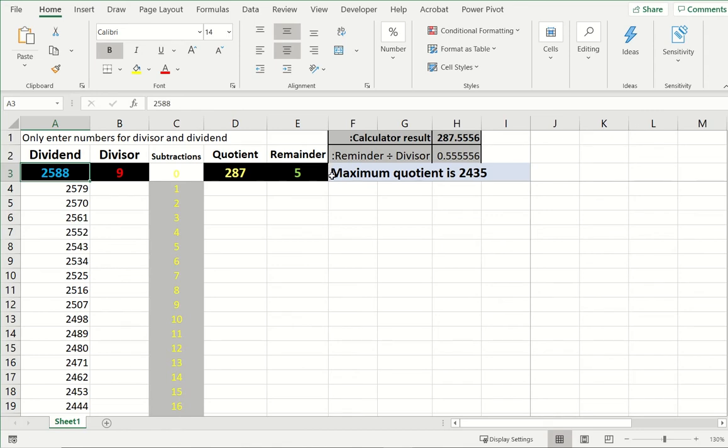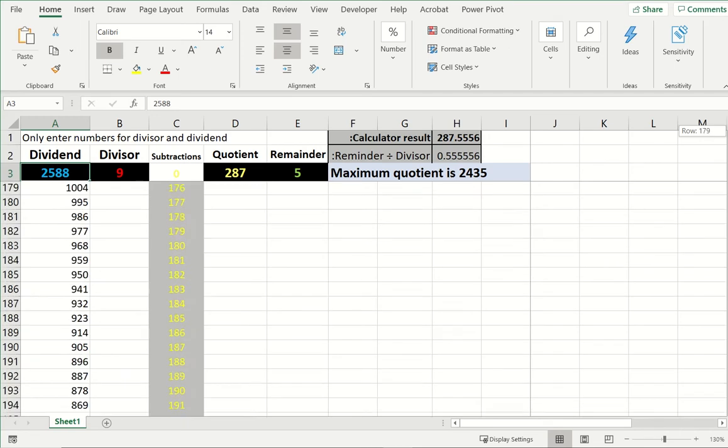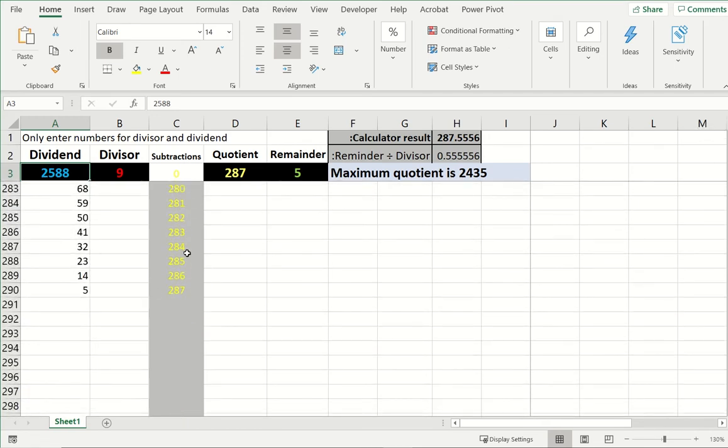And the reason why there's a limit to the quotient, you'll see as I scroll, you can see we're continually counting here, and we get to the end, 285, 286, 287, and then that number is less than 9. And you can see it here, so 23, take away 9 is 14, take away 9 is 5, stop.